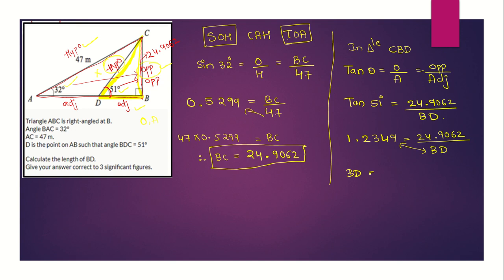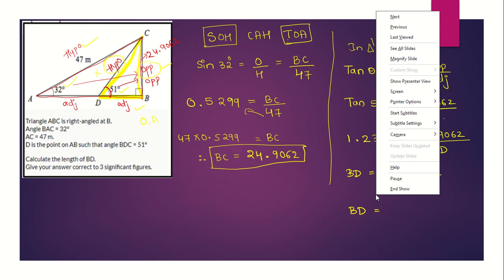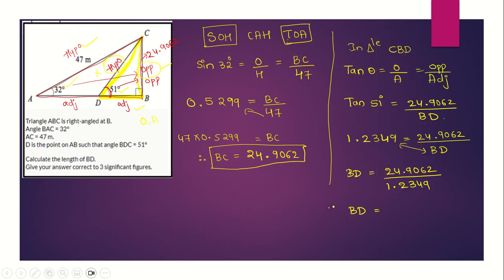So BD will be equal to 24.9062 divided by 1.2349. So we'll do the division, that is 24.9062 divided by 1.2349, and that gives us the answer as 20.16859.